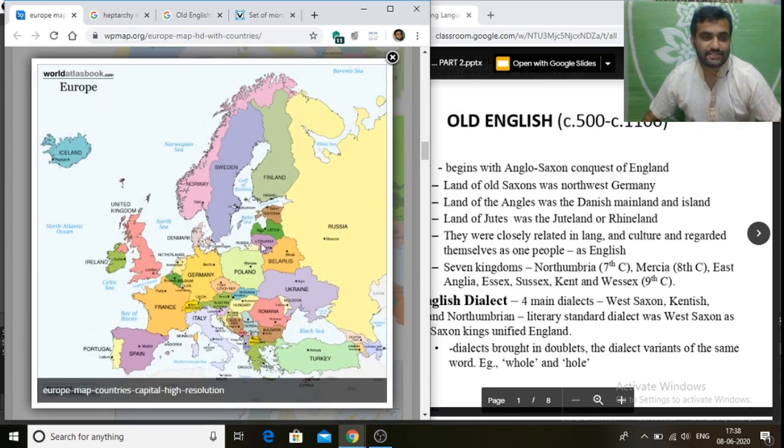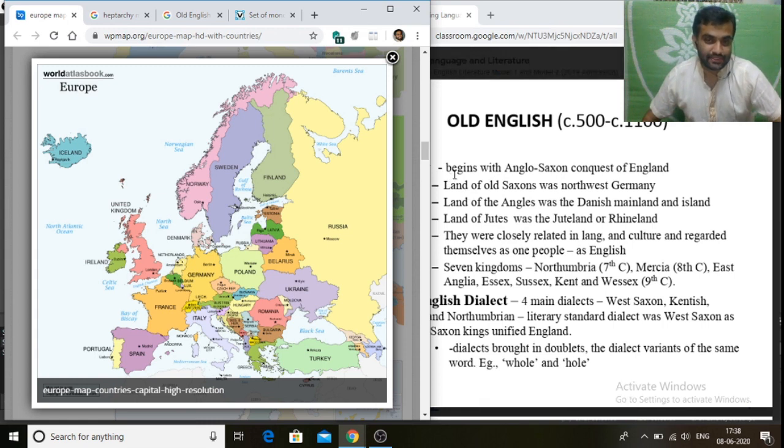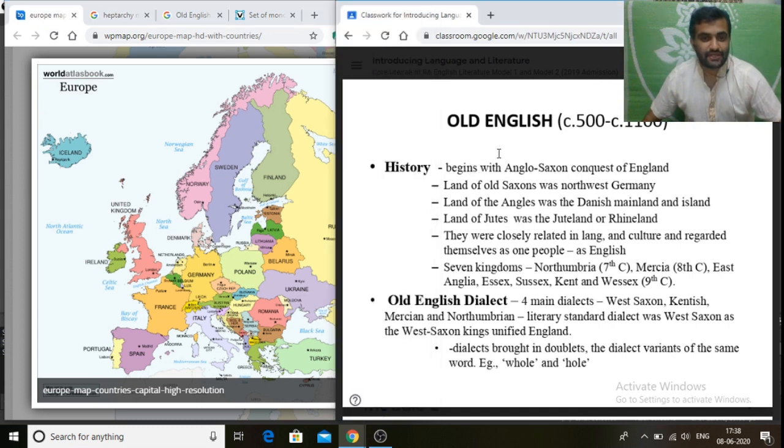The period which begins with the Anglo-Saxon conquest of England is called the Old English period.